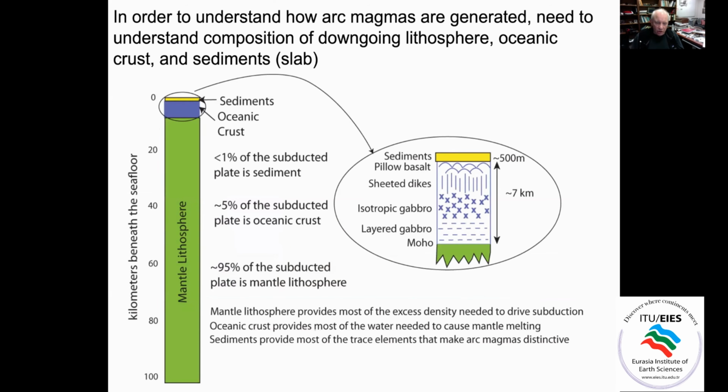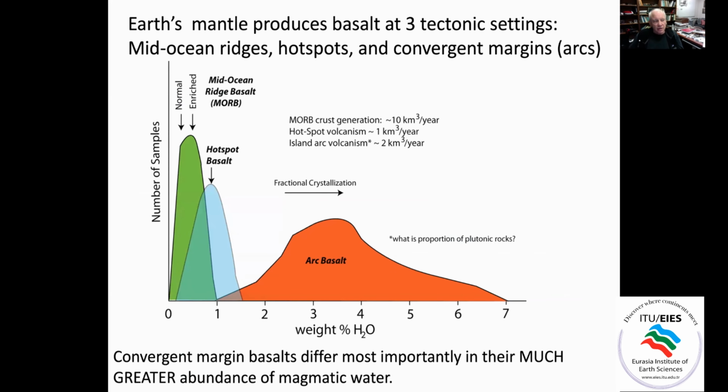But when you look at their water contents, determined by looking at small glass inclusions in olivines, you see that mid-ocean ridge basalts are very dry. All of them have less than 1 weight% water in these inclusions, mostly much less than 1%. Hotspot basalts like Hawaii have a bit more, but not much more.